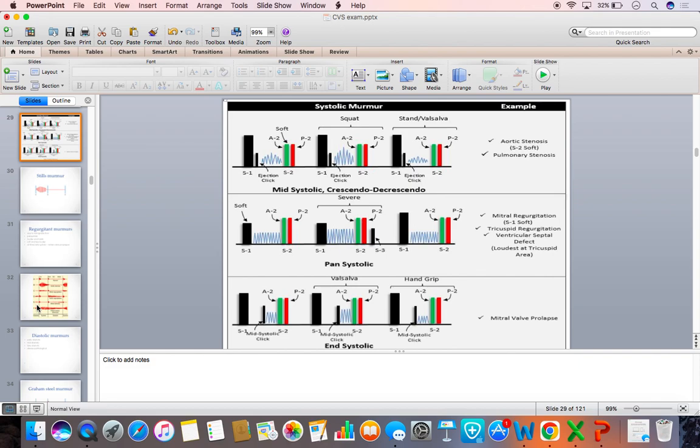So in the first sound, there is an ejection click, and there is a murmur.